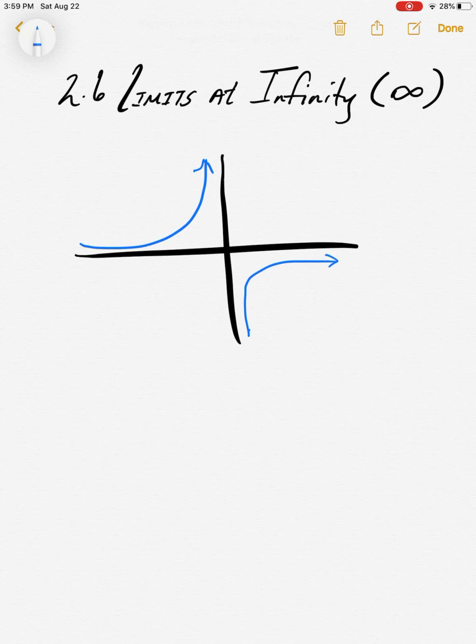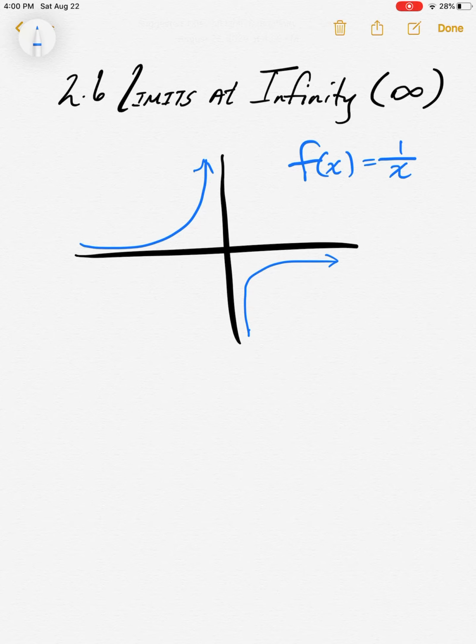As we approach 0, this function is the reciprocal function f of x equals 1 over x. And let's say we want to approach 0 from the left.